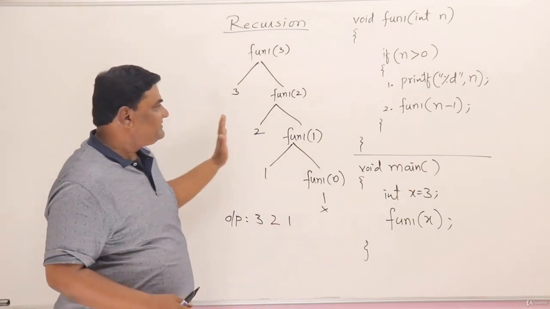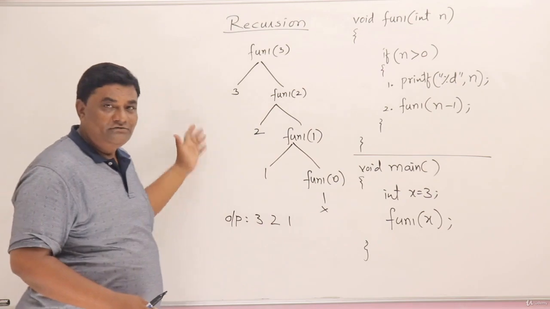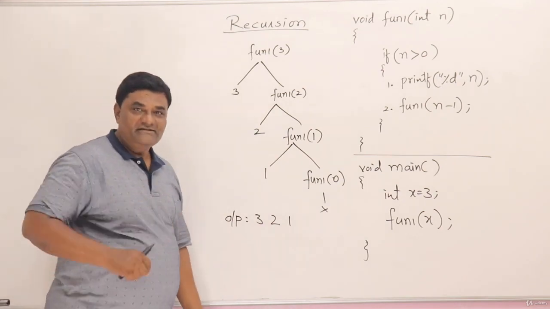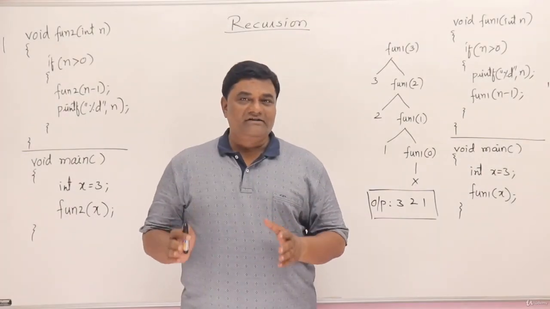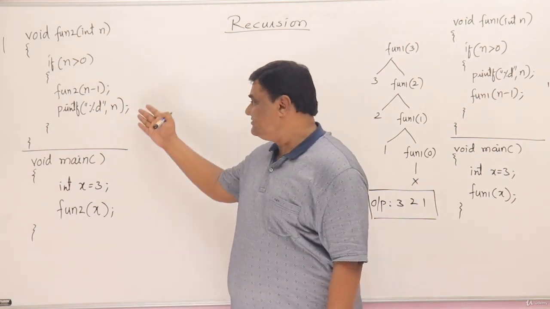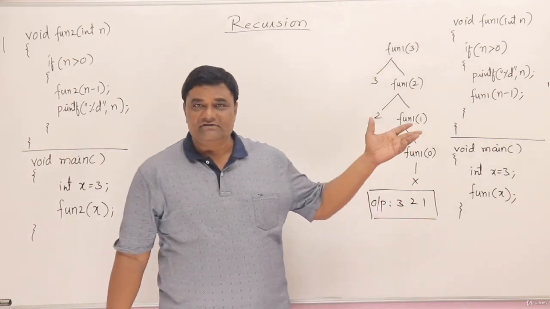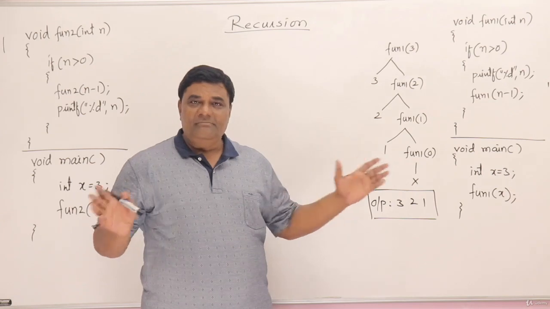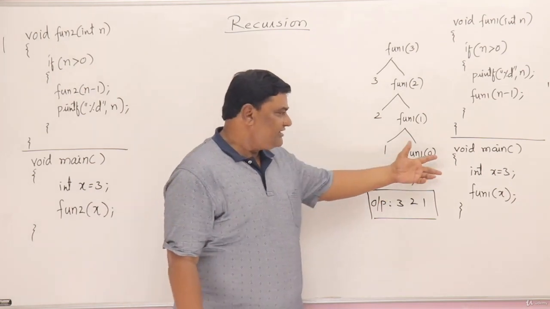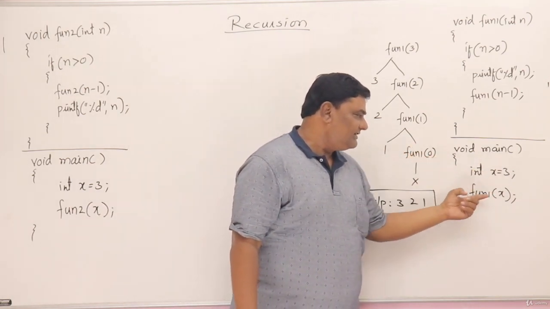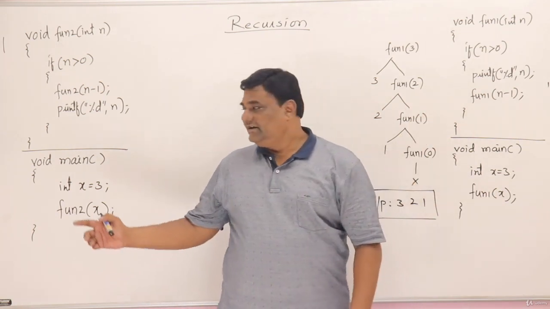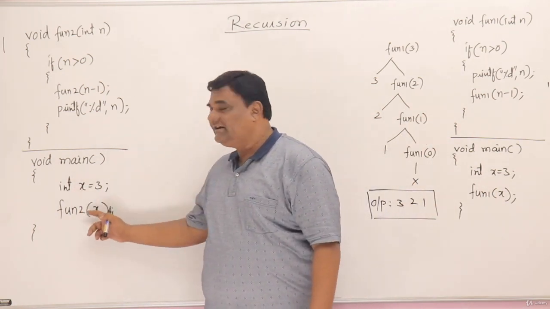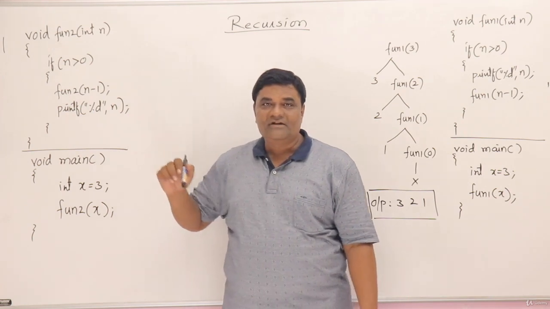Now I will take one more example and show you. So this example I'll just move aside, then I'll use this portion for showing you the next example. Now I have one more example of a recursive function. This is very similar to the first one. Let me compare them and show you. If you check the main function having variable x and calling function fun1, here also main has variable x and calls function fun2.